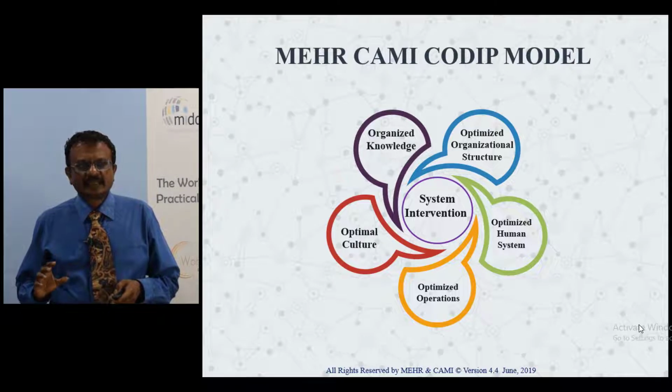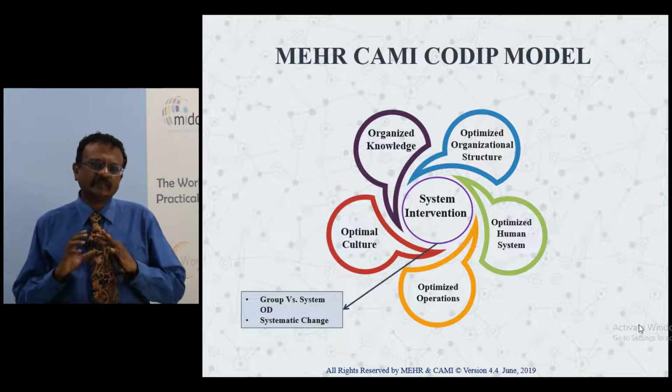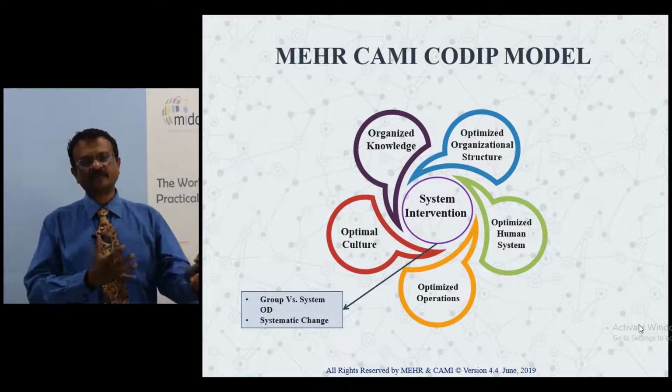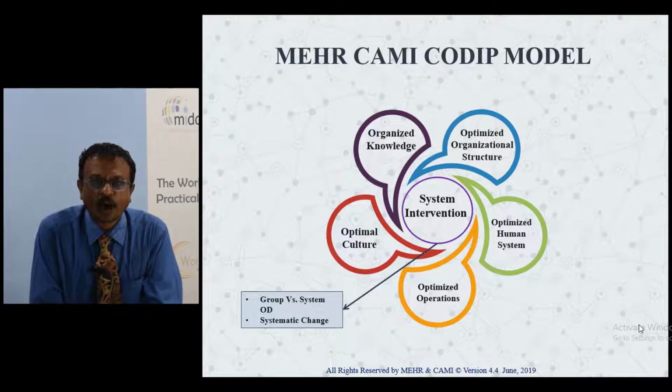The 6 weeks are organized in 6 modules. In the first module, you learn what system OD is, how it is different from standard group process OD, and how you make change really happen.